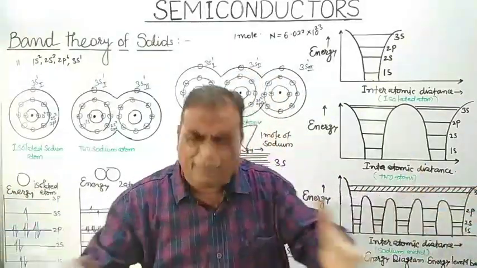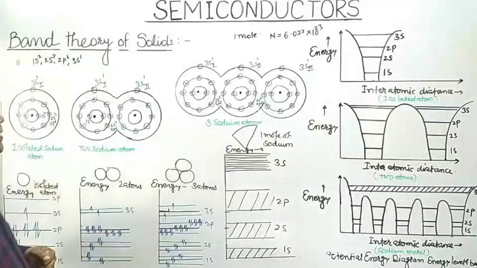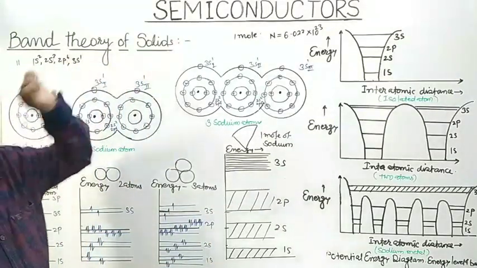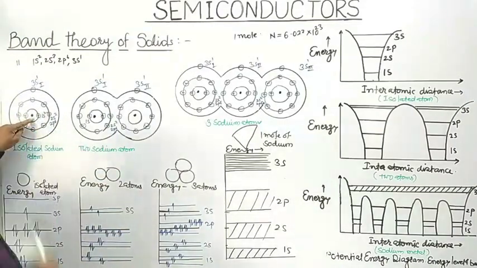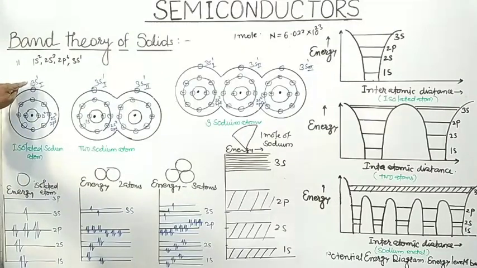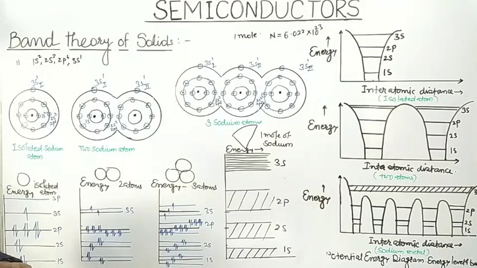And when a large number of atoms come close to each other, remember the electrons in the innermost orbit are strongly bound with the nucleus. Electrons in the outermost orbit are loosely bound with the nucleus.